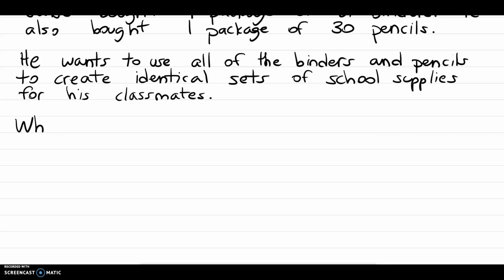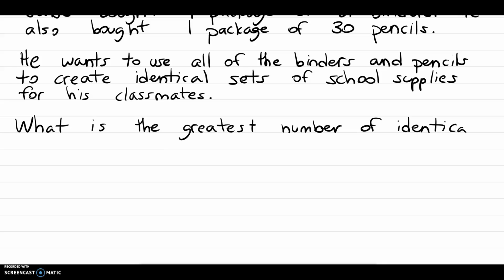What is the greatest number of identical sets Gabe can make?